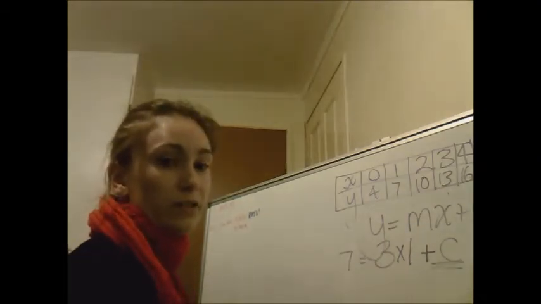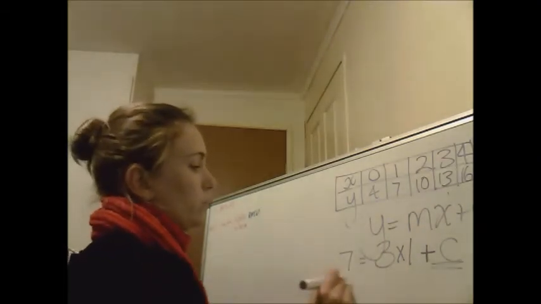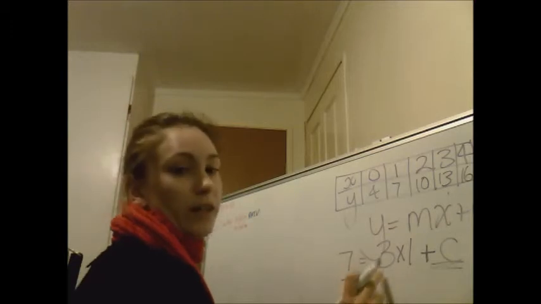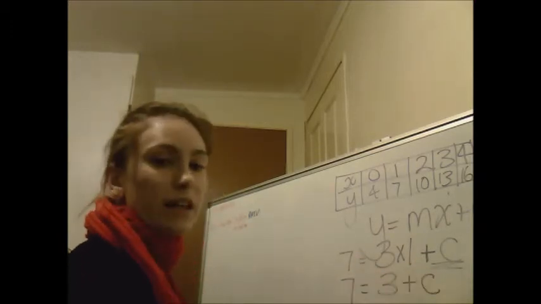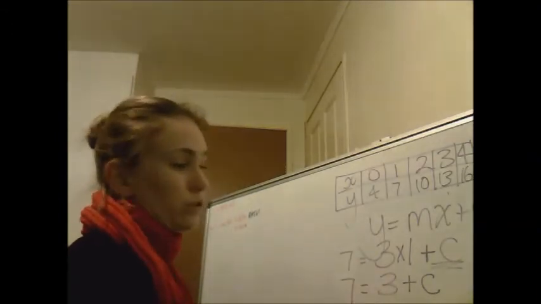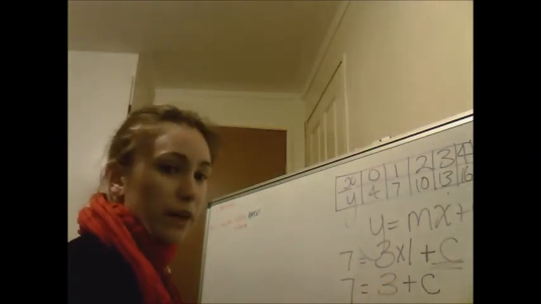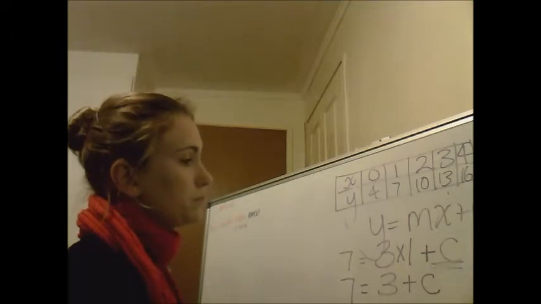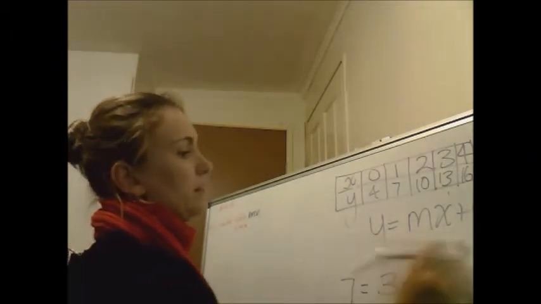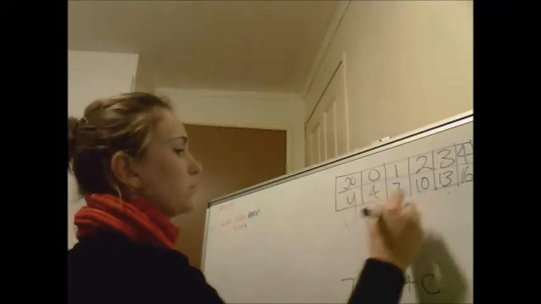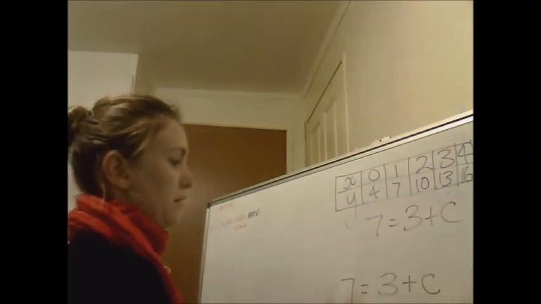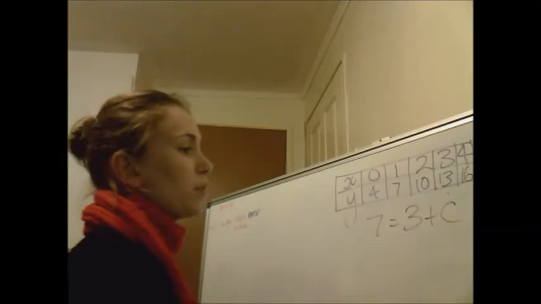First we need to see that 3 times 1 is 3 plus c. What can we do to get c by itself? We can use some algebra. So let me rub this out now. We're at this stage, 7 equals 3 plus c. What can we do to get c by itself?